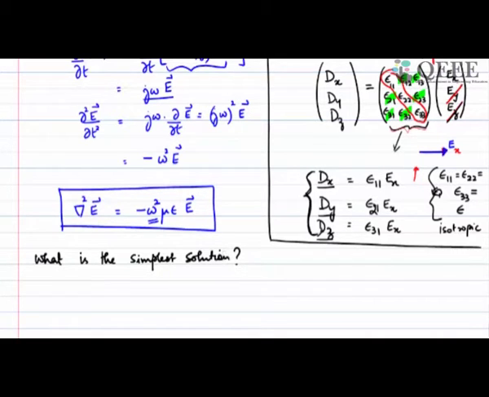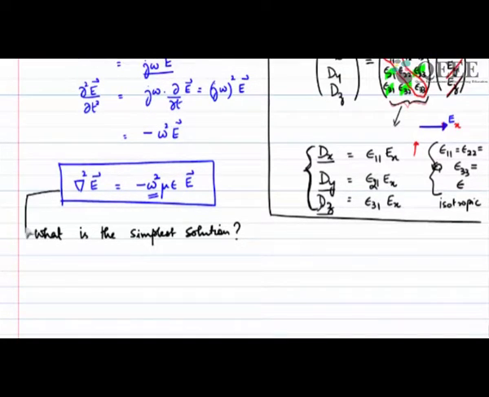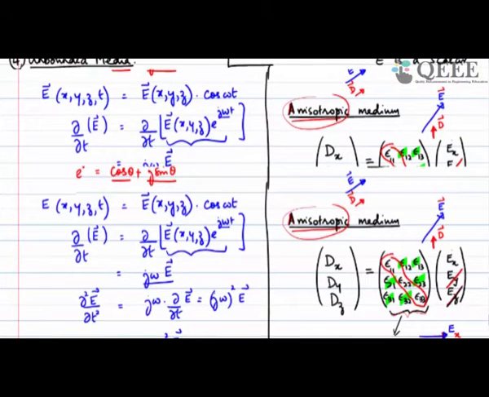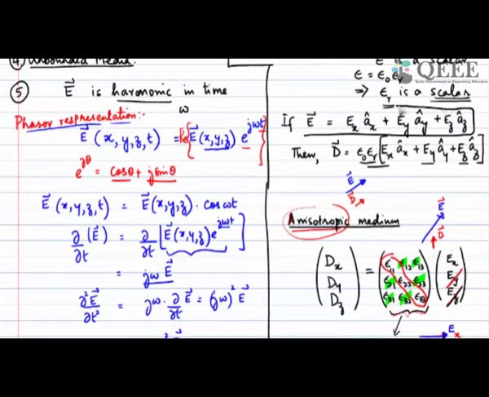Now before we go to the simplest solution, let's realize that even though it's written as a single equation, what does this actually mean? It's a vector equation, which means, as I wrote down earlier, my E actually has 3 components, Ex, Ey and Ez.